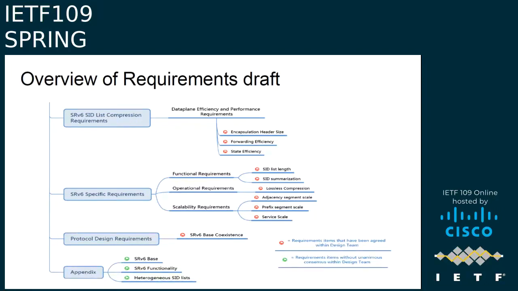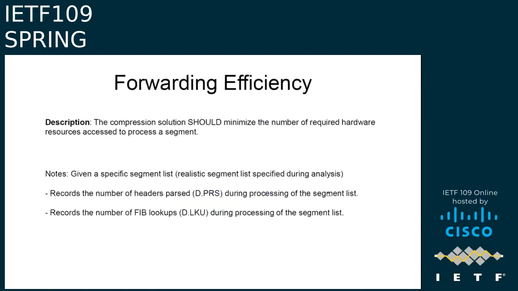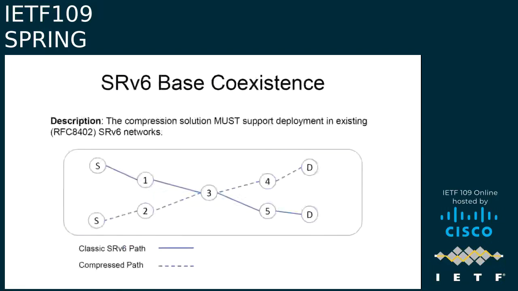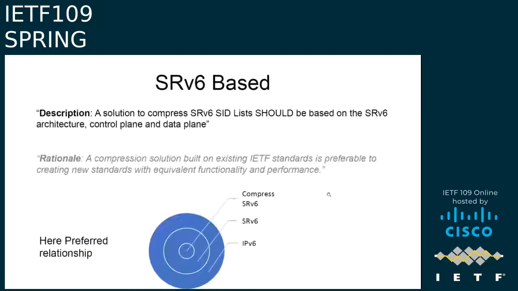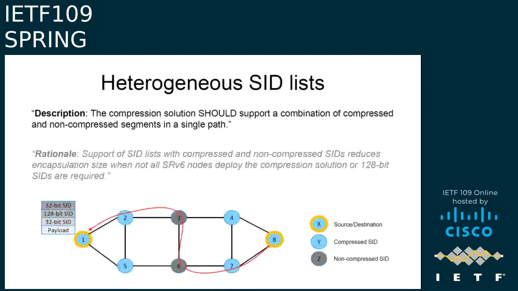Thank you. Tom? Hi there, Tom Hill. I have a concern around the inclusion of what I believe is a requirement to mix compressed SIDs with uncompressed SIDs, or compressed SIDs of different lengths, in the same header. I think that was one of the requirements that went in here, and I realize that it's noted as not being unanimous at the moment.